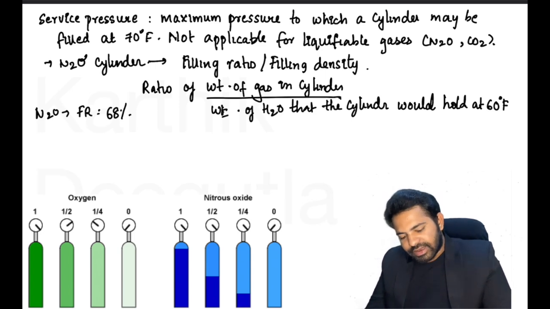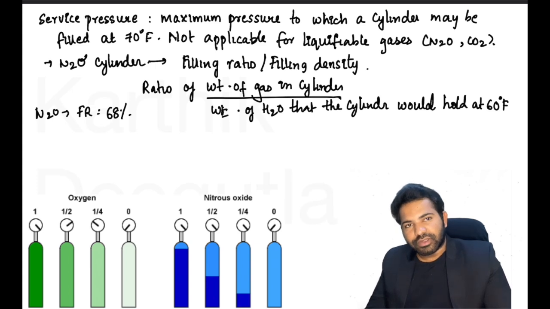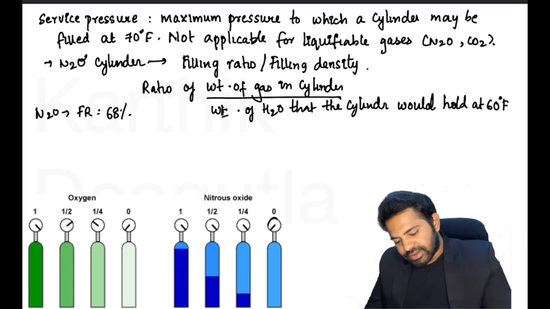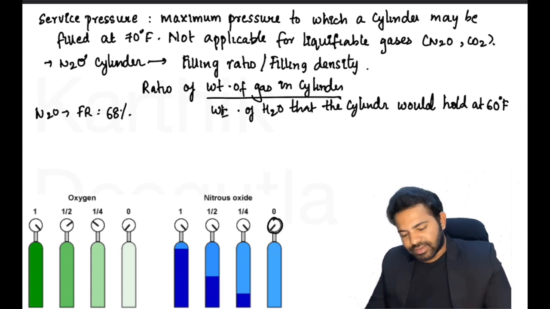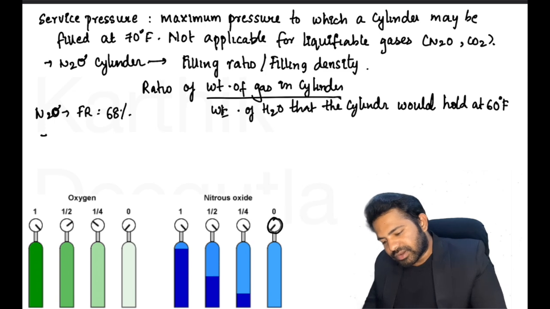Then half of the liquid is consumed, still the pressure gauge is showing full. Then 3/4 is completed, and it is still showing full. Until more than 3/4 of the liquid in the cylinder is consumed, the pressure gauge does not show that the cylinder is empty. This is due to the property which I have just stated, the filling ratio.